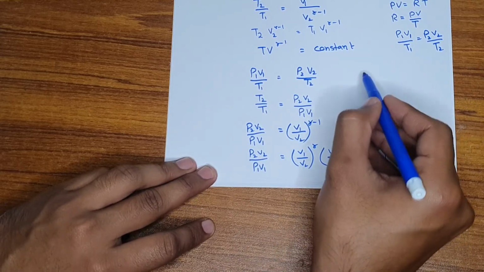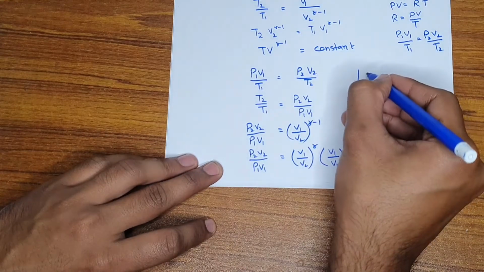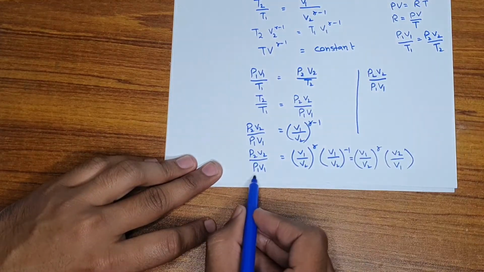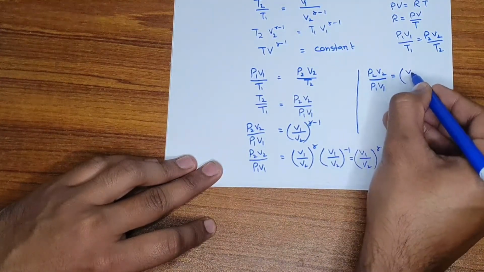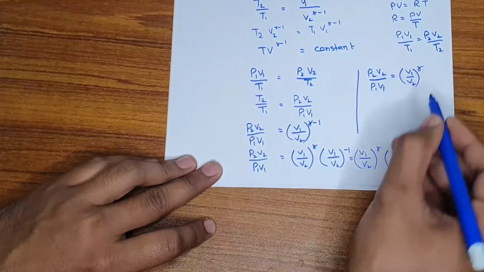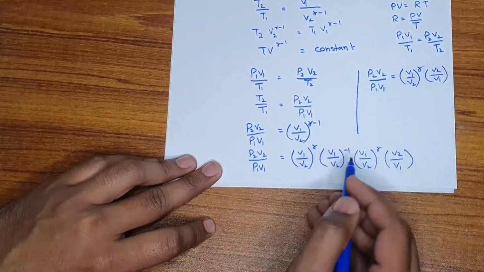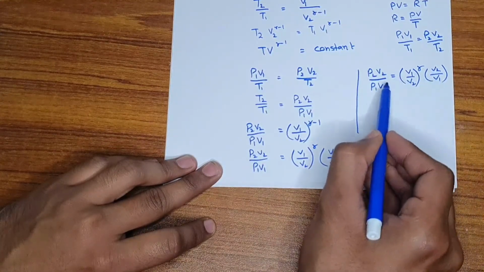Now I'm going to perform the final calculations here. I am left with P2 V2 over P1 V1 equal to V1 over V2 to the gamma, times V2 over V1. When this V1 goes here and this V2 goes here, they will cancel out.